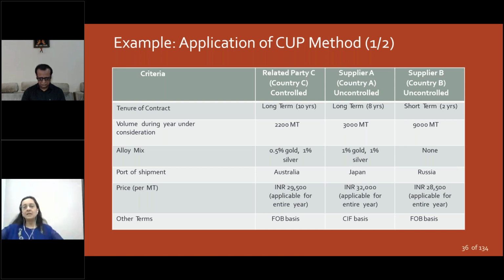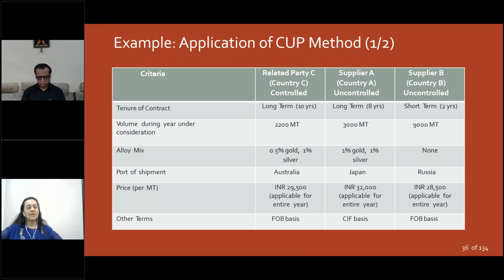Therefore, based on the comparability criteria that I explained, as per 10B(2), supplier B should be rejected as a comparable, because neither can I make an adjustment for the period, nor can I make a reliable adjustment for the volume. So supplier B, as per CUP, is not a comparable to the transaction that I will have with my related party.